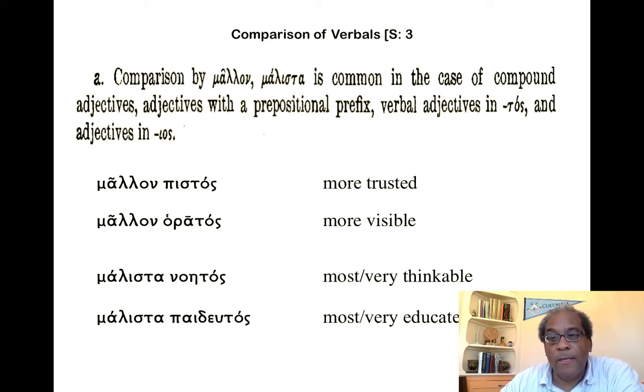So, looking at these examples of our verbal adjectives in -tos, mallon pistos and mallon horatos is more trusted, more visible. Malista noetos and malista paideutos is most or very thinkable, most or very educated.